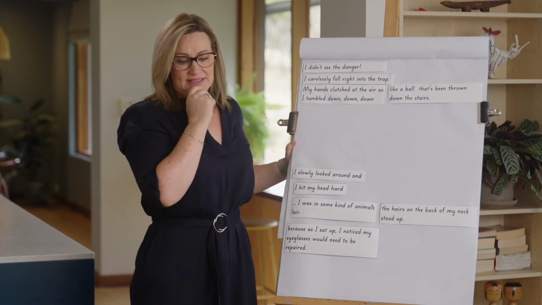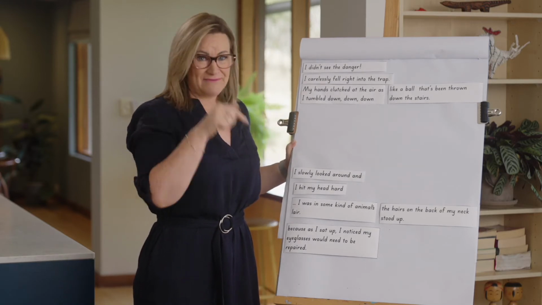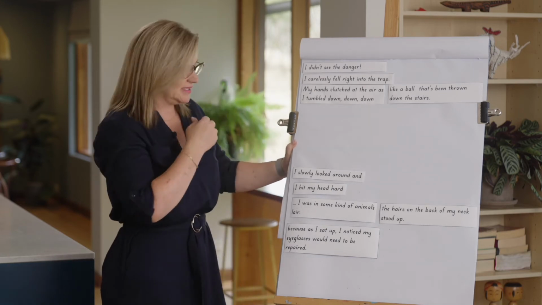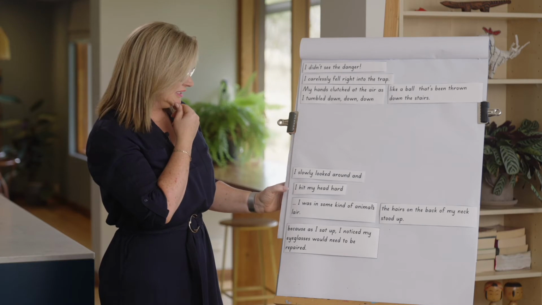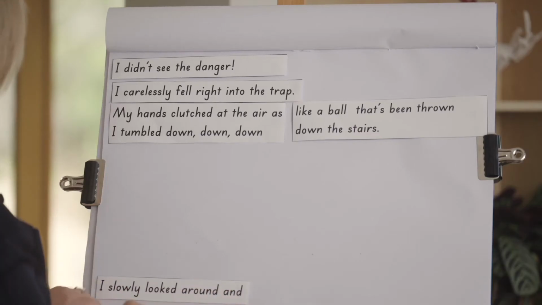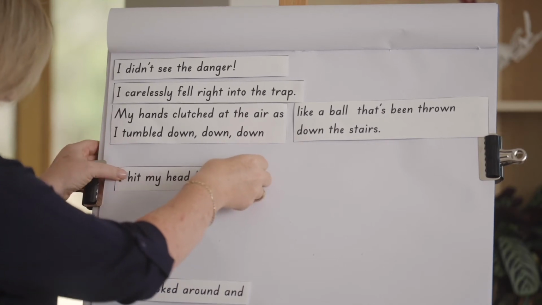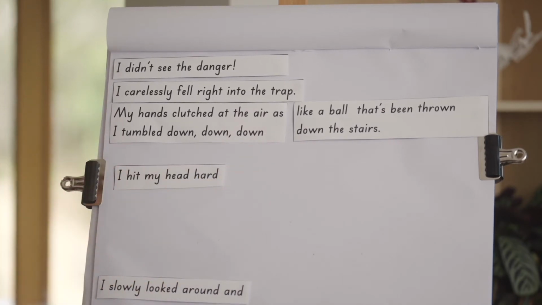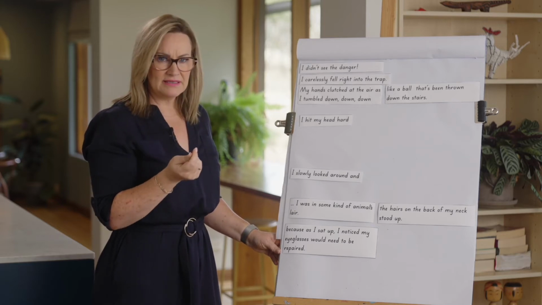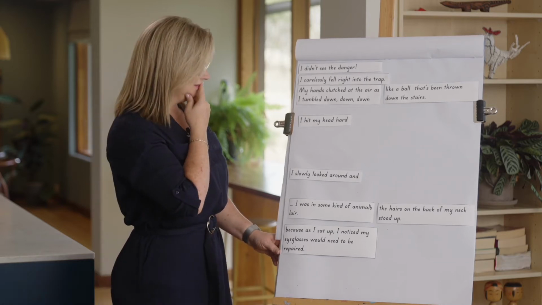What's going to happen next? They've fallen. Probably something physical has happened to them. I hit my head hard. Aha, that could fit. Something physical. What would come next? Hit their head hard.